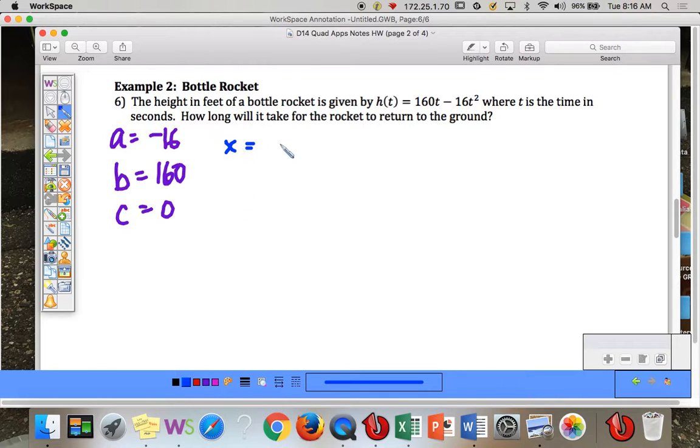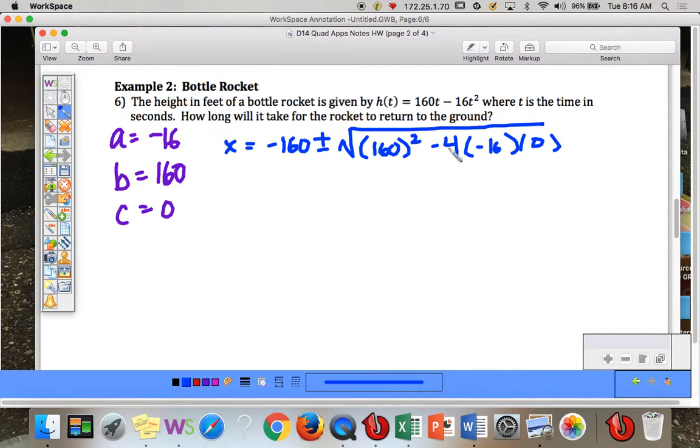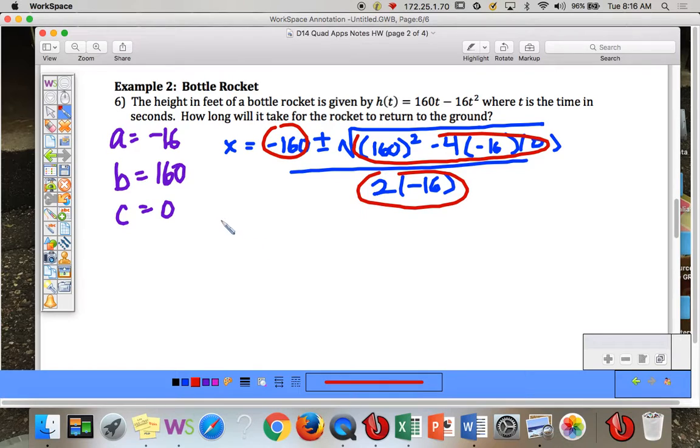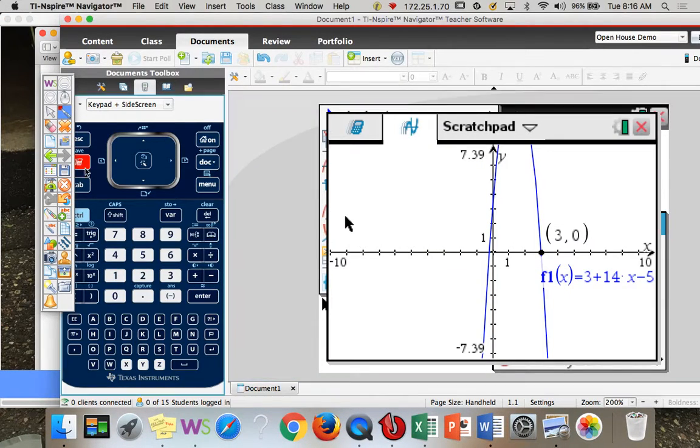Let's plug into the quadratic formula. x equals the opposite of b, plus or minus the square root of b squared minus 4ac, all over 2a. Let's figure out these three parts of the equation. So x equals negative 160 plus or minus, let's calculate 160 squared.